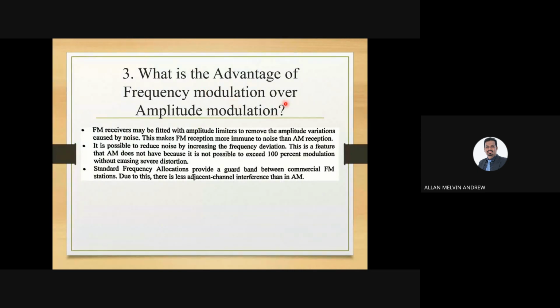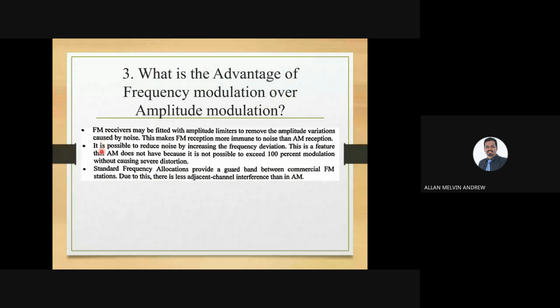The scope is already given, so make sure you answer within the scope. Don't write something else which is not relevant, because marks will be given for the comparison of frequency modulation with amplitude modulation, and you must highlight the advantage of frequency modulation. So you must know your stuff. This question is already narrowed down, so you cannot twist and turn the question.